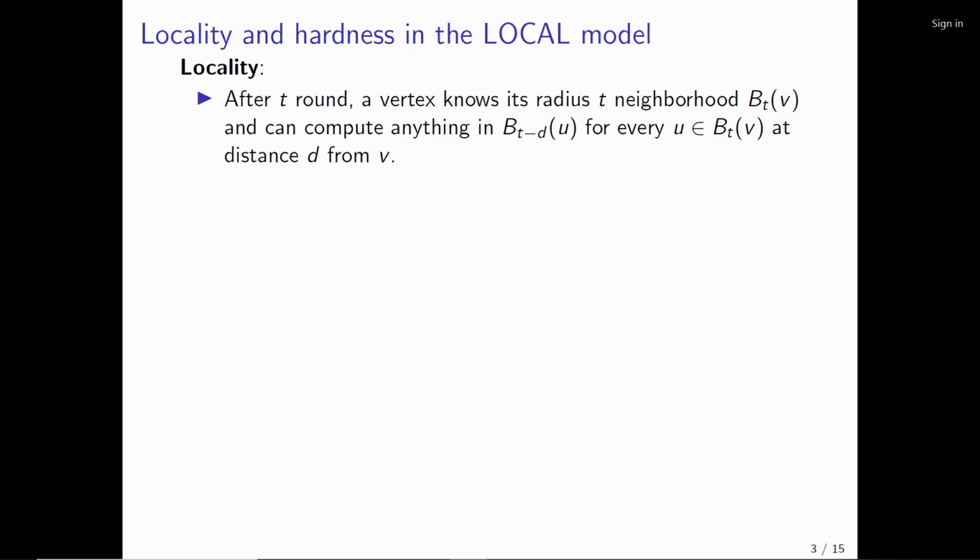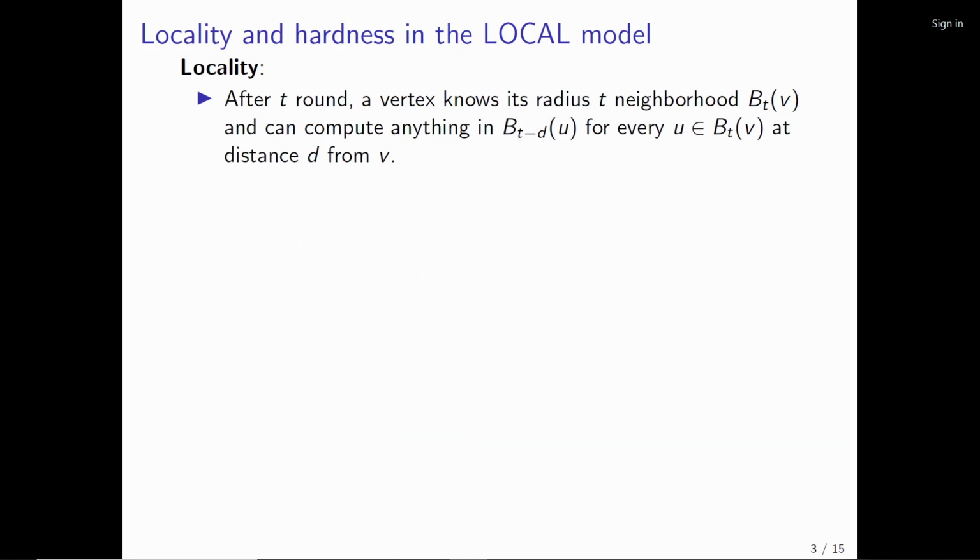We have no knowledge about the whole graph, and in each round we can send some information out and receive some information, so we can collect knowledge about the graph, but it stays bounded, right? We have this ball of some radius around our vertex, and after some t rounds, the most we can know of the graph is this ball of radius t around our vertex, right?